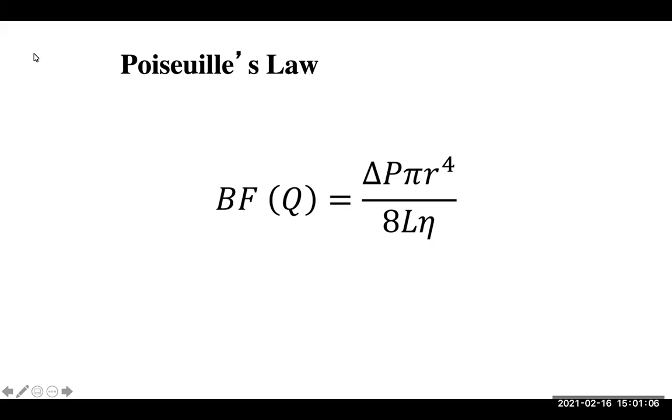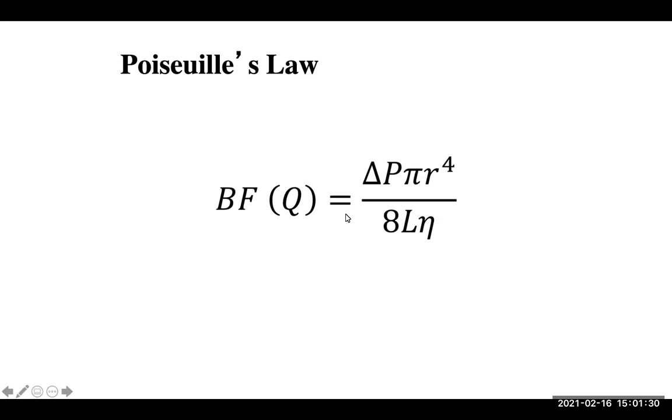If you notice, the radius is to the power of 4, which means that the radius is the most important factor when talking about blood flow because it has more weight than anything else, right? You have to raise it to the power of 4. And then the pressure gradient is going to increase as the flow rate increases as well.